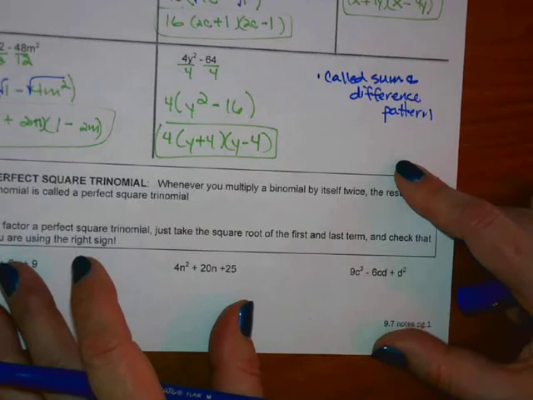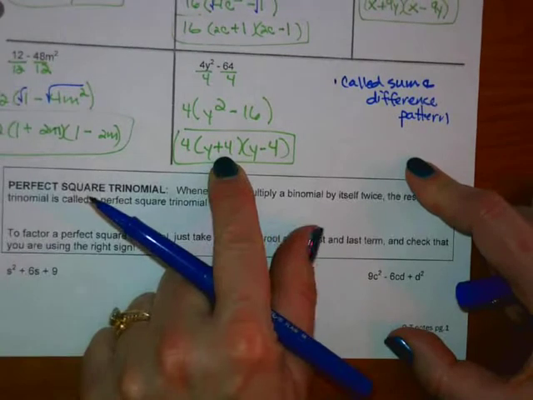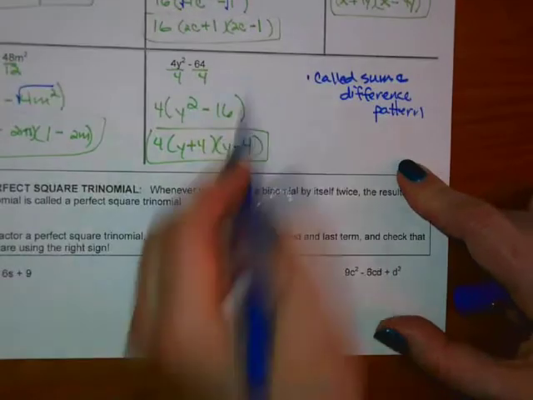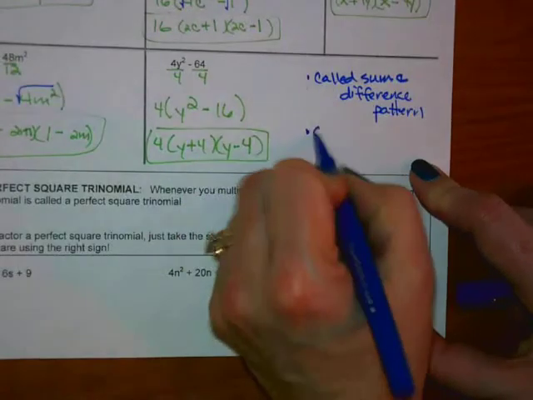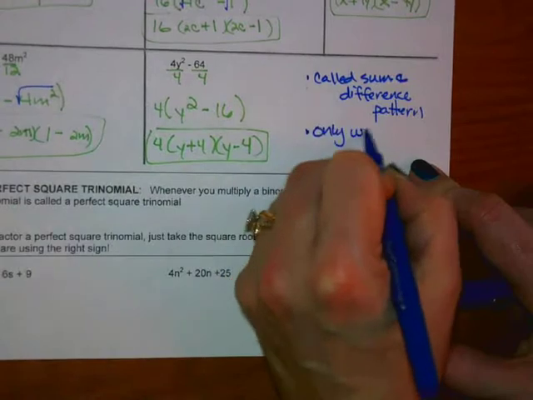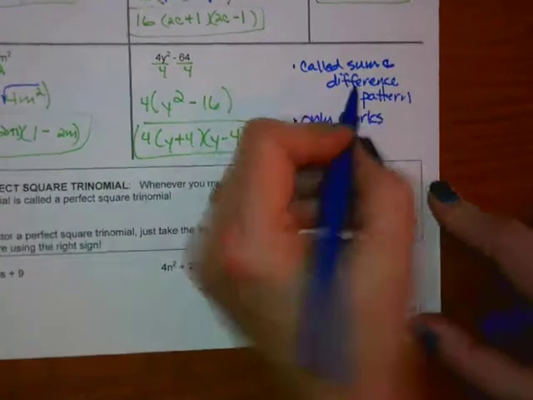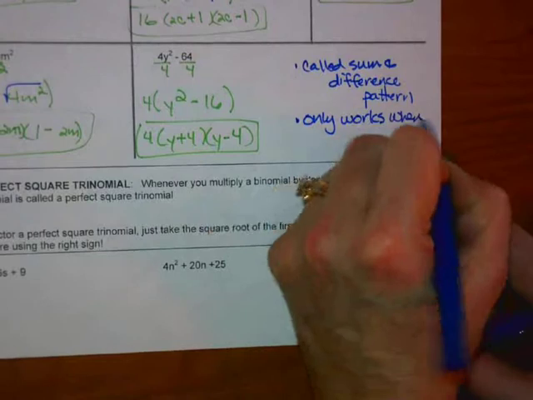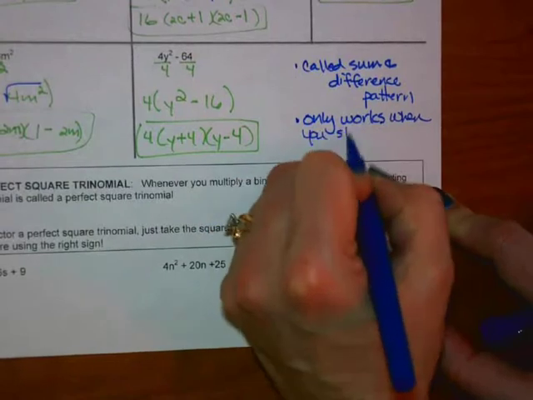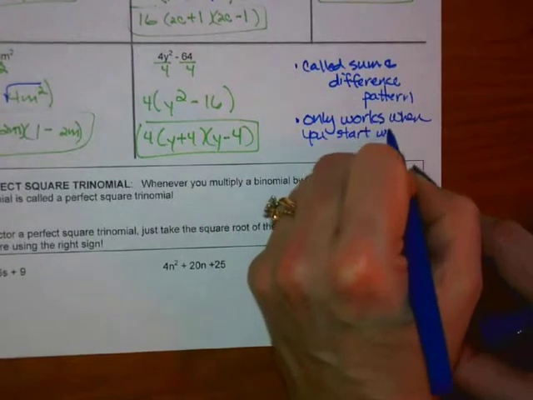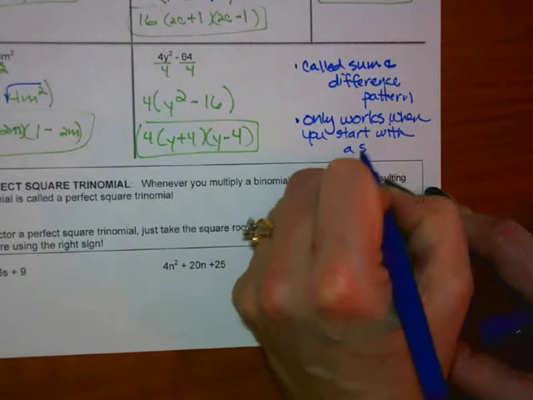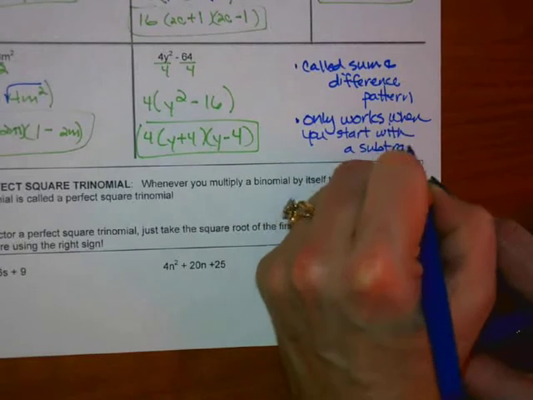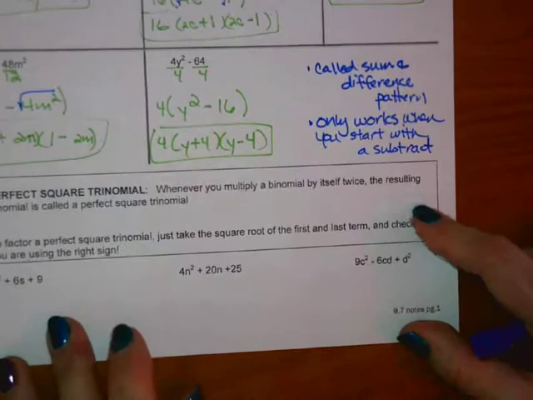What does sum and difference mean? Add, subtract, right? Add, subtract, sum and difference. Sum and difference pattern. Okay? This only works when you start with a subtract or minus.